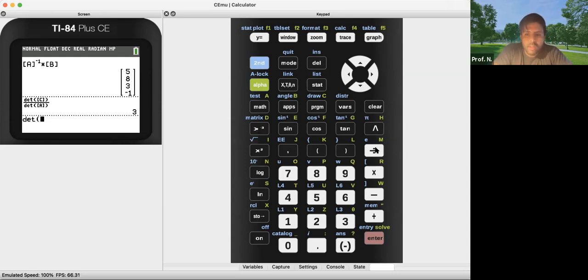Second matrix. So I think something's up with my calculator at the moment. But anyway, the answer I get here is 3. Does everybody see how we did that?